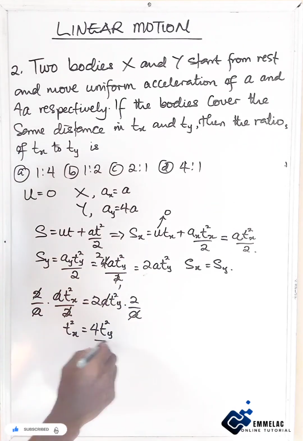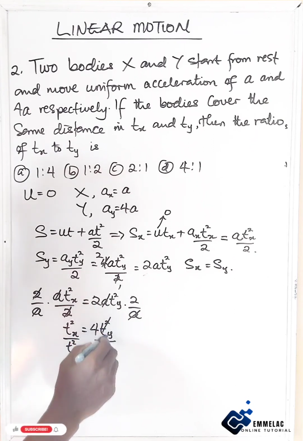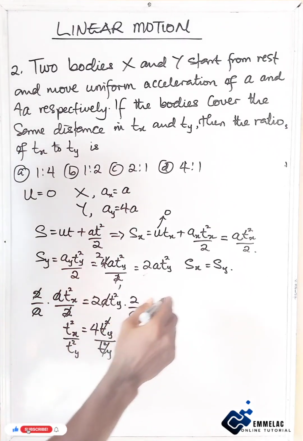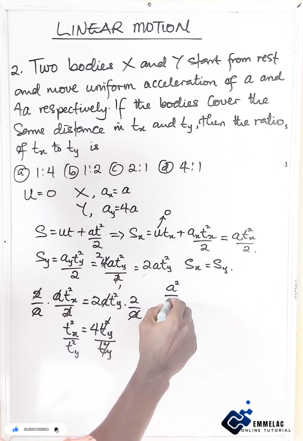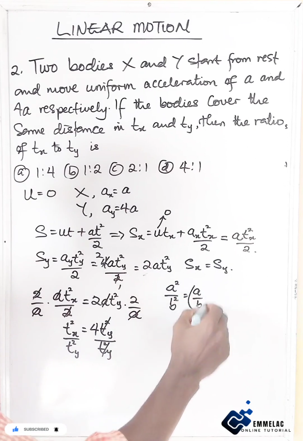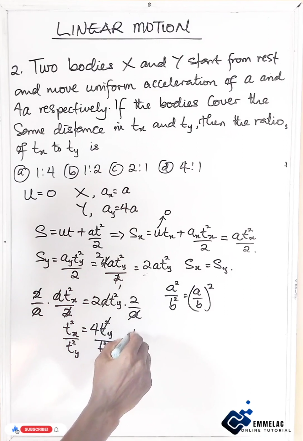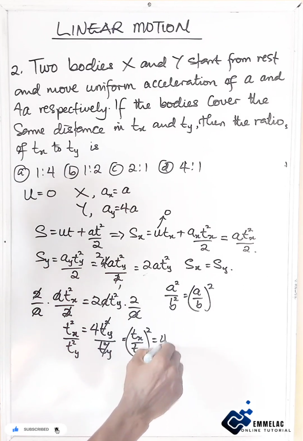Now dividing both sides by t squared sub y, we are now left with this. And recall, according to the law of indices, a raised to the power of 2 all over b raised to the power of 2 is the same thing as a all over b all raised to the power of 2. To that end, we can now say that t sub x all over t sub y all raised to the power of 2 equals 4.